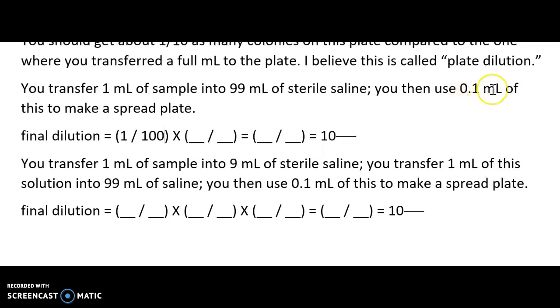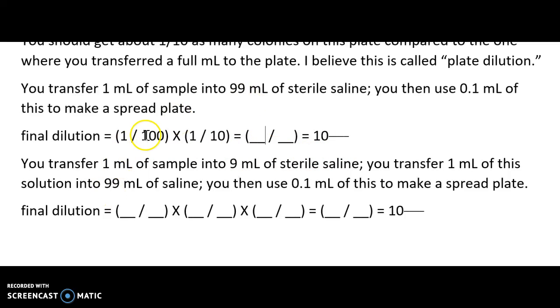times 0.1. And 0.1 is 1 over 10, right? It's 1/10. You could just multiply by 0.1 on your calculator, but sometimes it's helpful to be able to write out fractions to make it easier to do this math in your head.